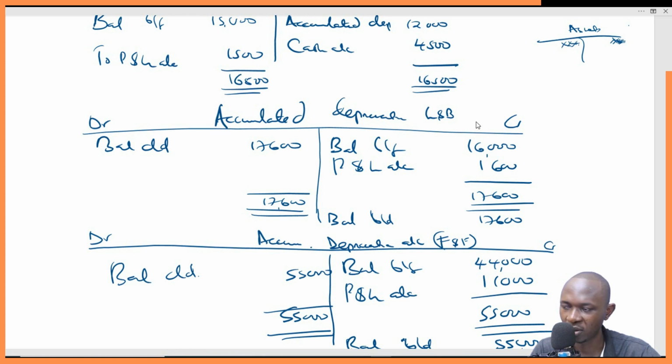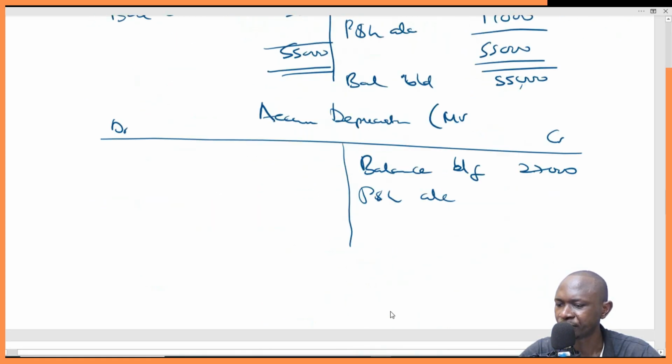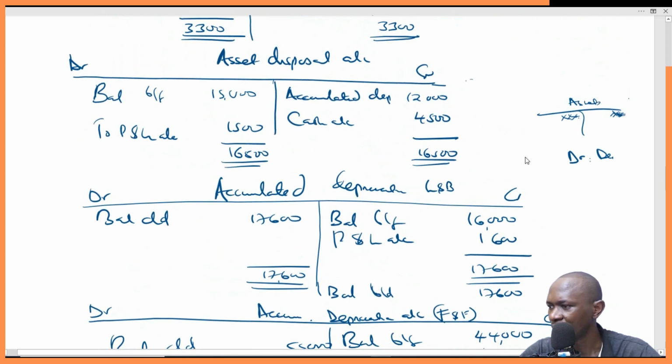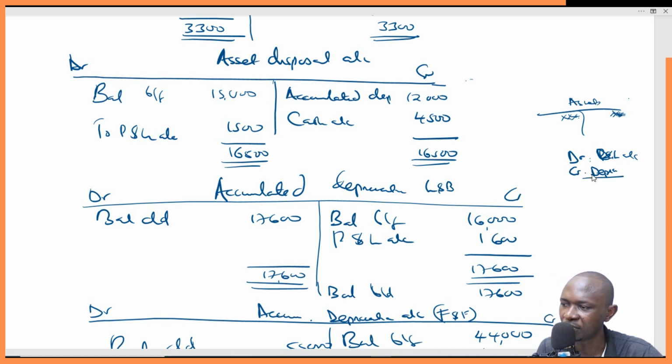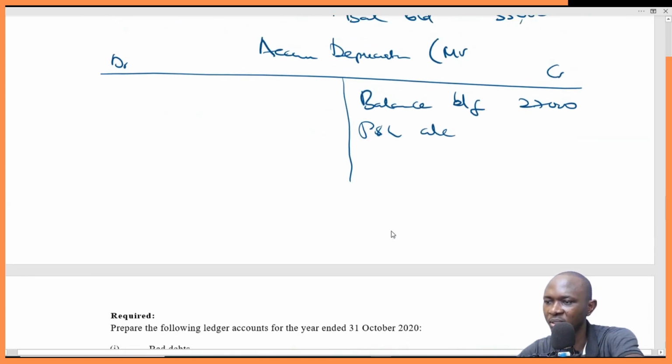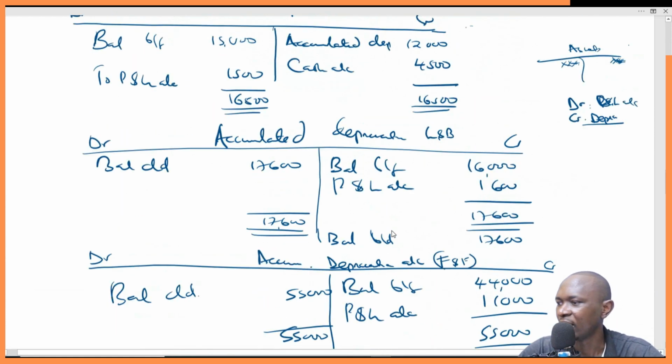So we normally say when you have depreciation, you debit the P&L account and then credit the accumulated depreciation account. You can see we are crediting the depreciation account and then we'll debit the P&L account.